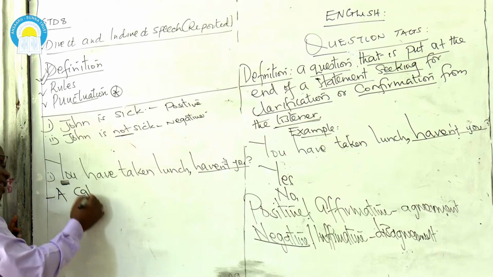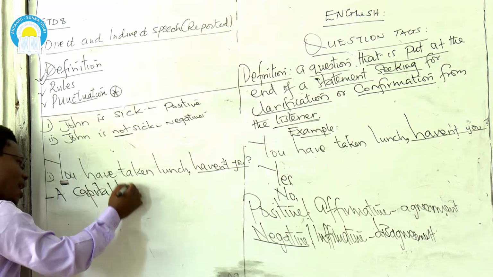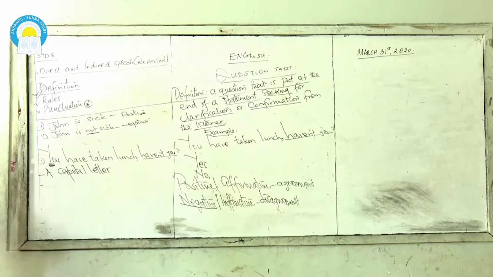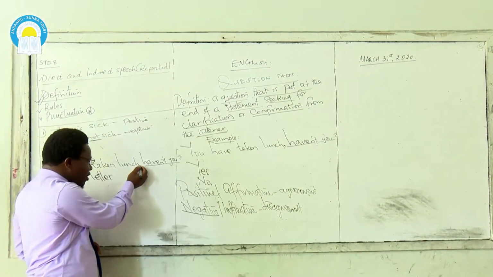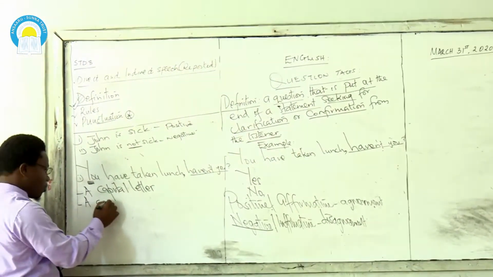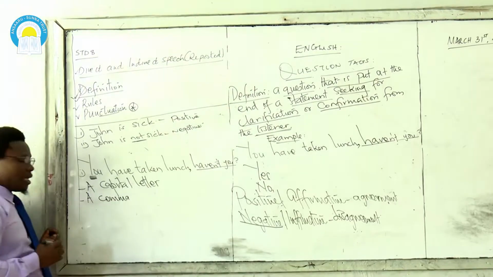So begin a sentence with a capital letter. Number 2, at the end of this statement, there is a comma. So please end a statement in a comma.